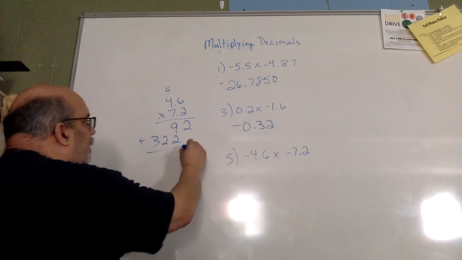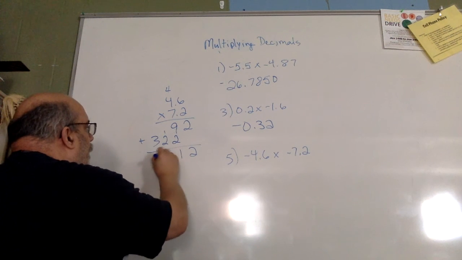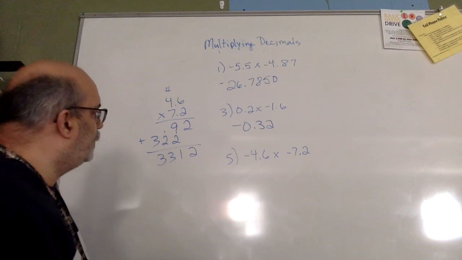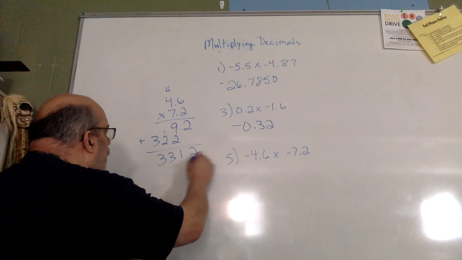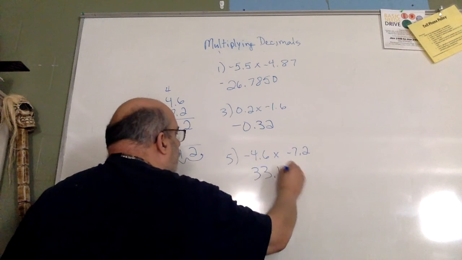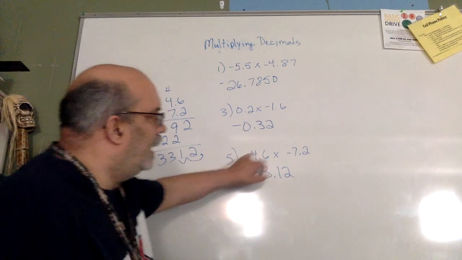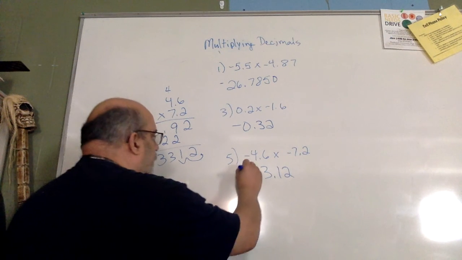We add. We get 3, 3, 1, 2. 1, 2 decimal places. 33.12. Negative and negative, signs are the same, so it's positive.